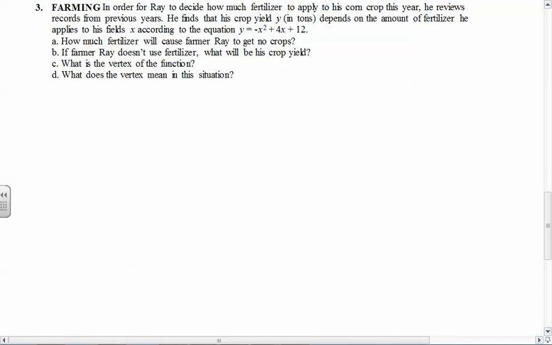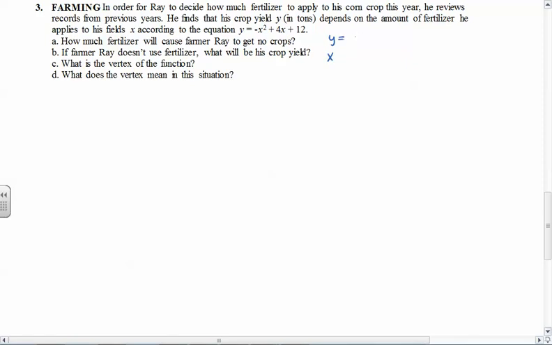Right here, we're just looking at the idea of he's trying to figure out how much fertilizer to use. So we have the equation. And it says how much fertilizer will cause Farmer Ray to get no crops. Well, in order to do that, let's just really quickly redefine y and x.